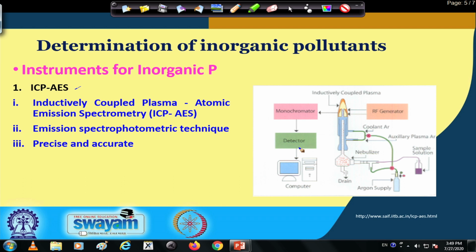Let us wrap up here, and in the next lecture we will discuss the principle of this ICP-AES and how the plasma torch works, why we call it inductively coupled plasma. So, in detail we will be discussing the working principle as well as the construction of this ICP-AES spectrometer in our next lecture.